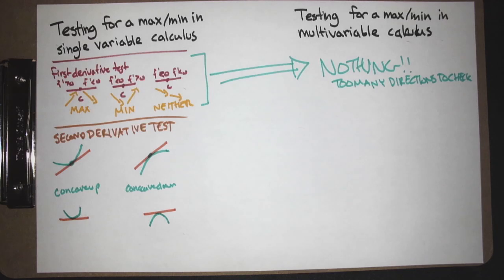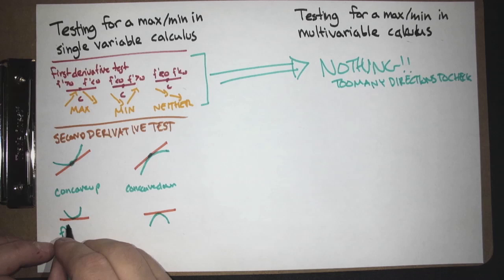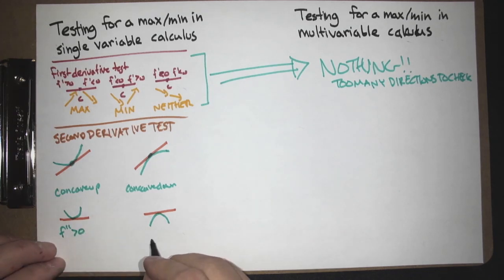Now, in terms of the signs, concave up, is that associated with a positive or a negative second derivative? Sorry, what? Positive. Good. So this is second derivative positive. Here, this is second derivative negative.